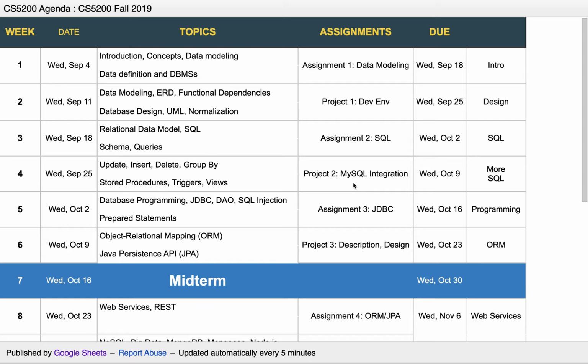We'll talk about UML in general, and then move into how this data modeling also captures constraints, right? What is it that we can represent with these constraints?